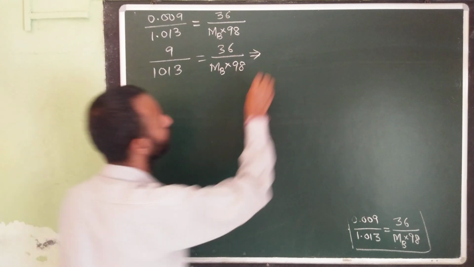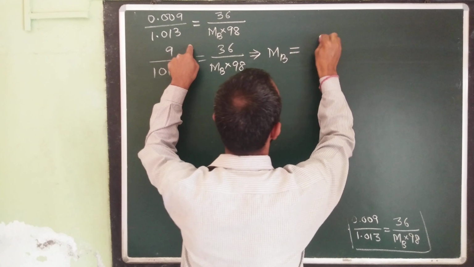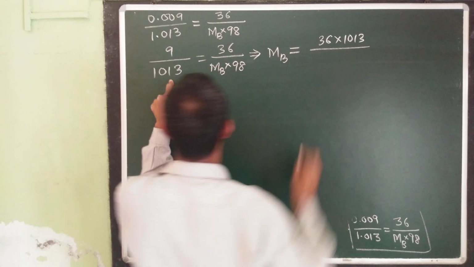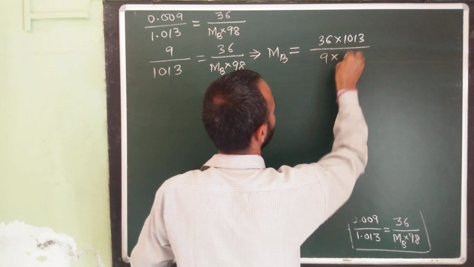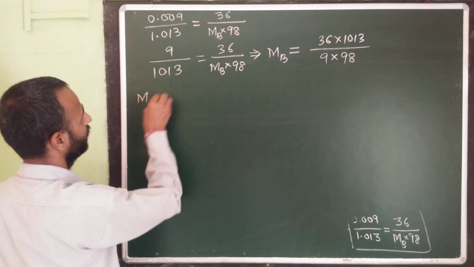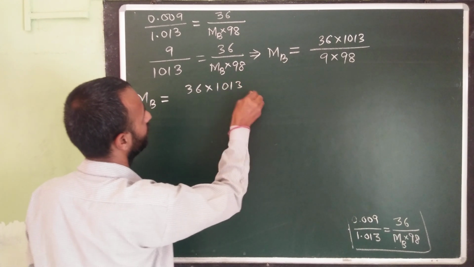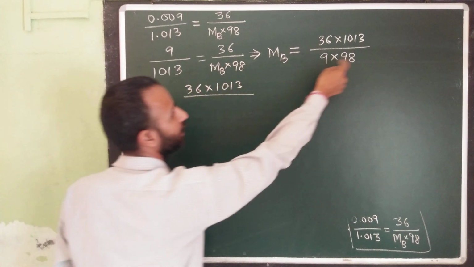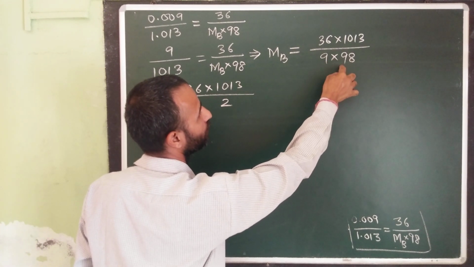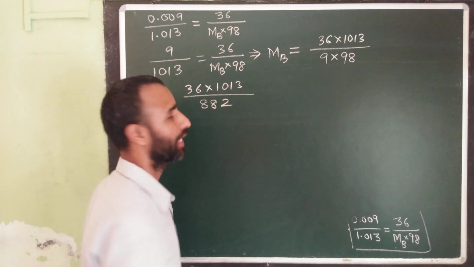That implies MB is equal to 36 into 1013 over 9 into 98. So MB becomes, this we can multiply, 72, 81 plus 7, so 882.